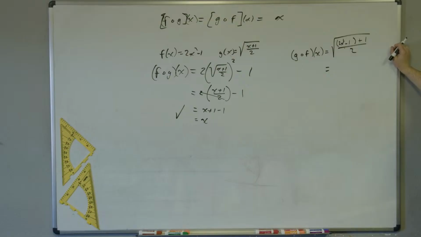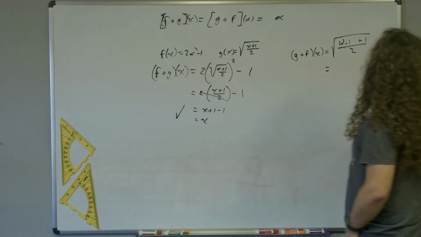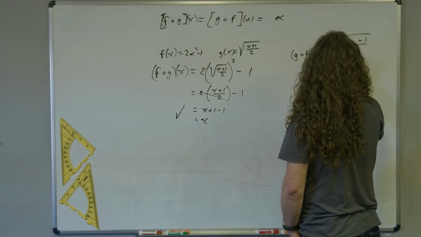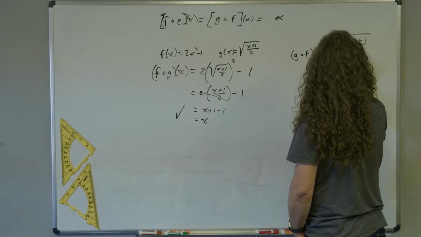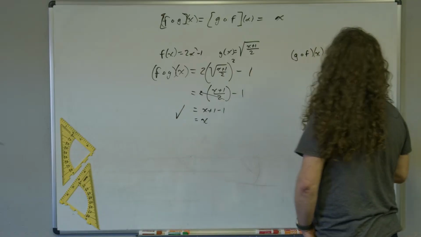Don't deal with the square root thing yet. Got to deal with what's inside. Is there anything in front of the parentheses? No. So they don't matter, so they can just drop. So what's going to happen now? Negative 1 plus 1 turns into 0. Additive inverse. So square root of 2x squared over 2. Now what?